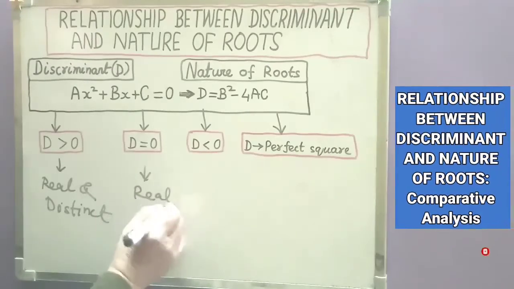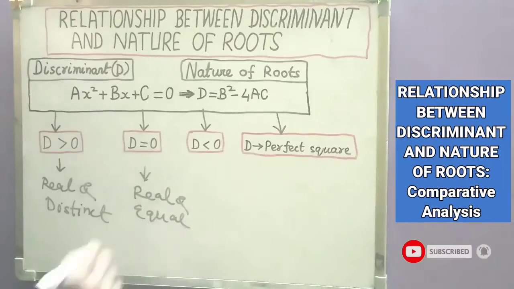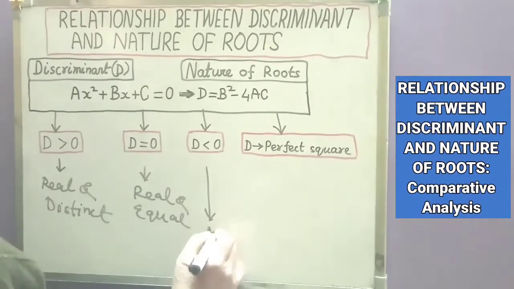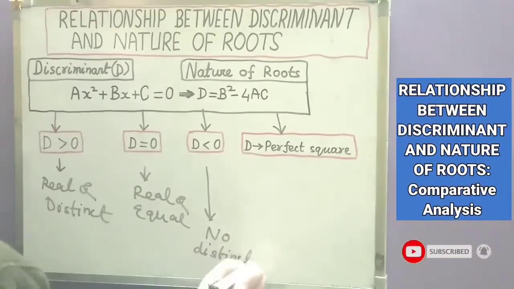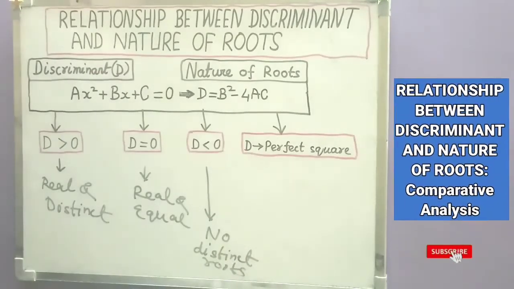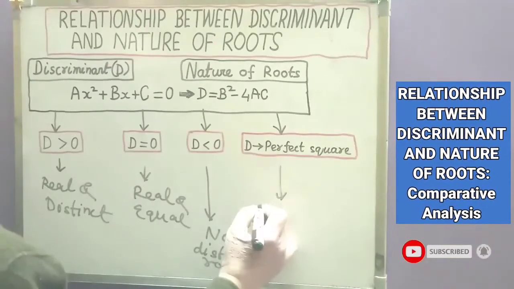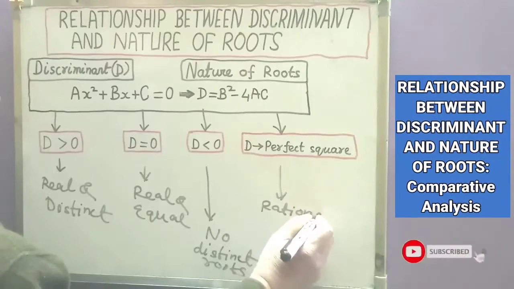If D equal to 0, both the roots are real and equal. If D is less than 0, there are no real roots, that is, imaginary roots. If D is a perfect square, both the roots are rational and distinct.